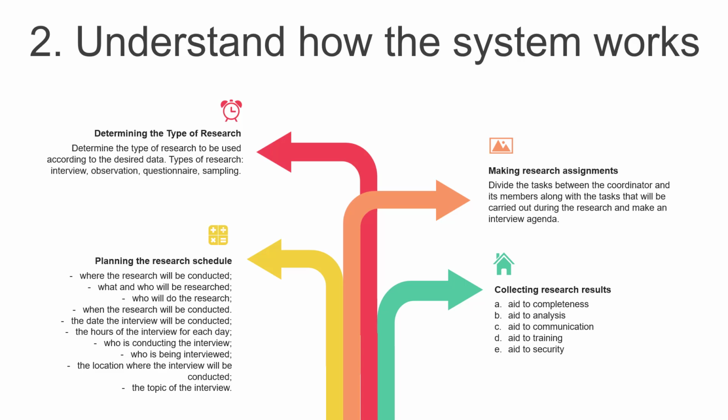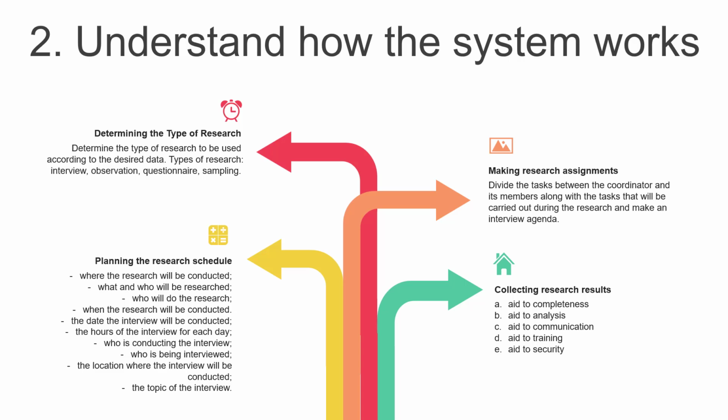The coordinator will divide your assignment into some parts, and then collecting the research result comes after we know determining the type of research, planning the research schedule, and making the research assignment.